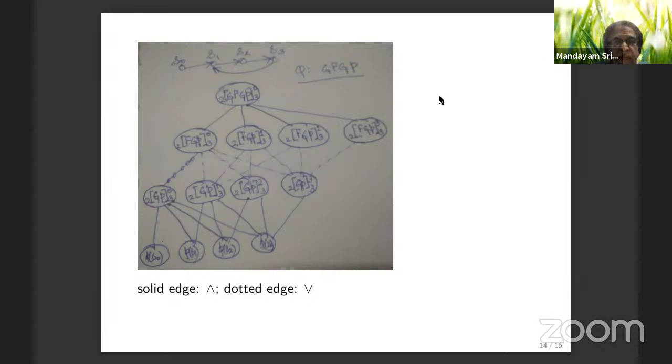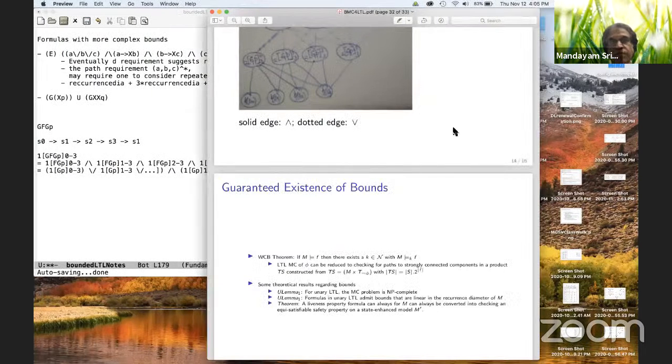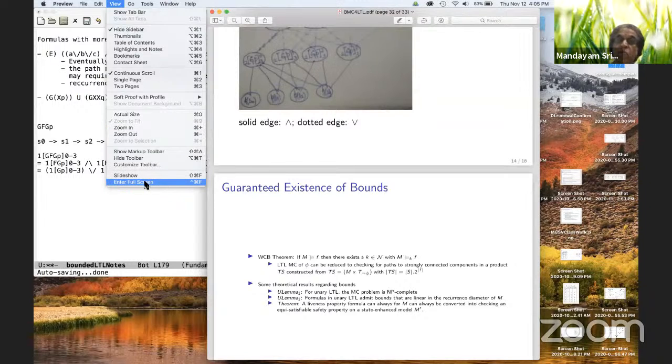I would like you to consider doing this optimization when you do the implementation, okay? So if there is no question, I'll move on, okay?